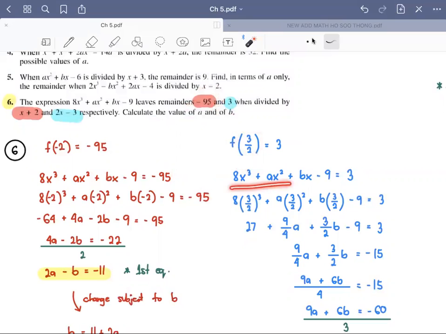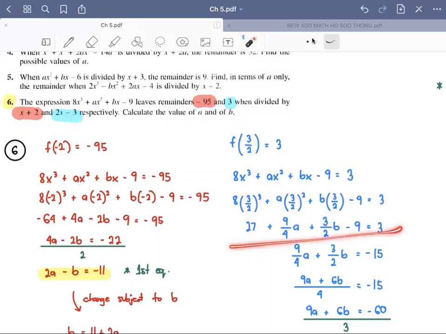Now, using the same expression, so basically functions, you need to substitute the x terms with 3 over 2, right? So that's why you have 3 over 2's all around, and then equals 3, okay? So simplifying this, you'll get this one, 27 plus 9 over 4a plus 3 halves b minus 9 equals 3.